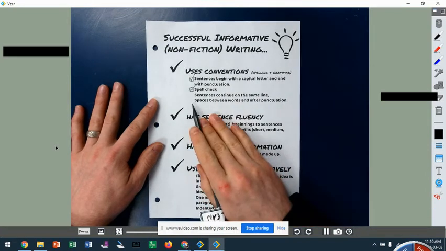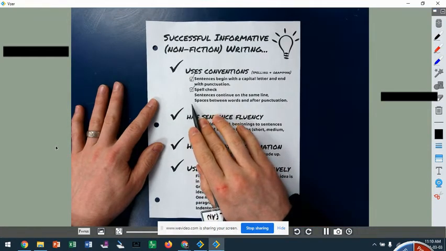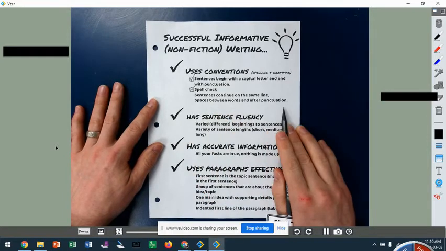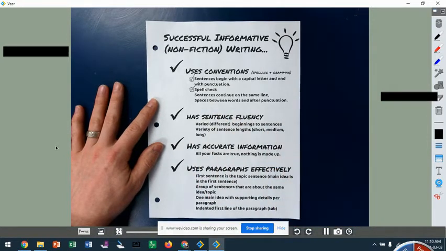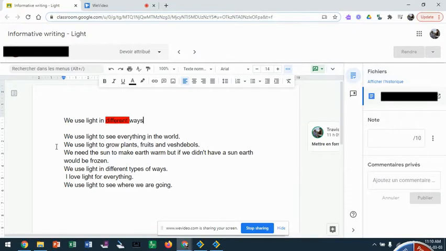I want you to tell me if all the sentences meet this criteria: spaces between words and after punctuation. Do you notice spaces between words in the first sentence? Second? Yes. Third, there's a bit of punctuation here, a comma, and I see after that has a space as well.